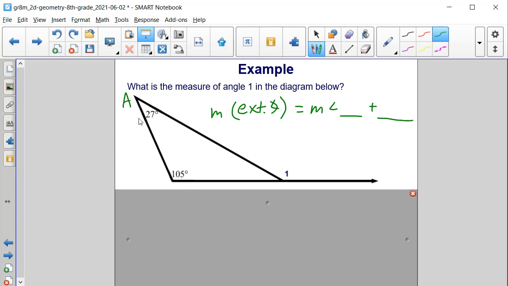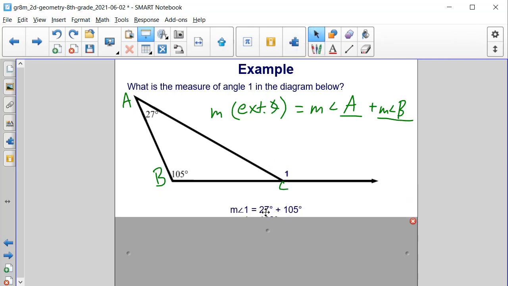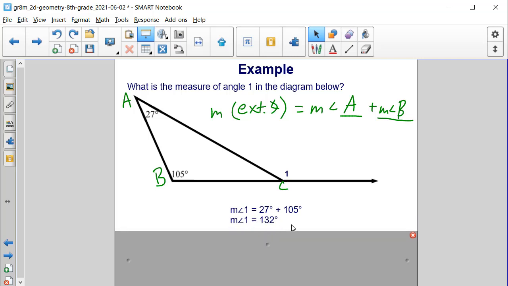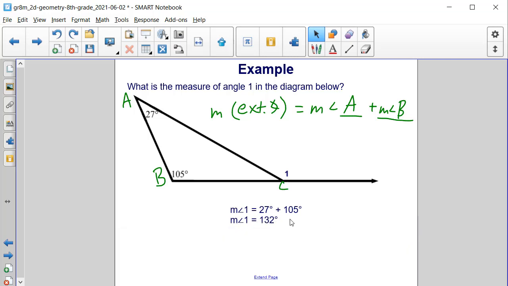So if I was to label this A, B, C as our points, it would be the measure of angle A plus the measure of angle B. So let's apply that with the numbers that we have here. The measure of angle 1 will equal 27 plus 105, and if we add them together, that will give us 132 degrees. And that's how we find the measure of that missing exterior angle.